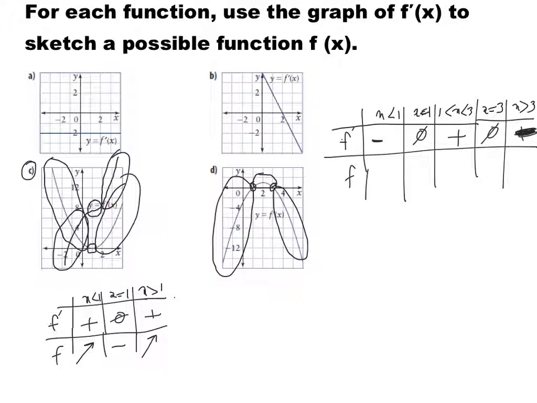Now, f prime is negative, so this means that f is decreasing. 0 means it's leveling off, increasing, leveling off, and decreasing. If I connect these together, I can see that this is leveled off, up. So it looks like a cubic function which is shown in this table.